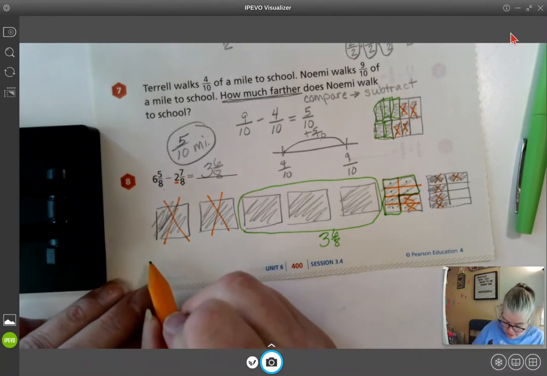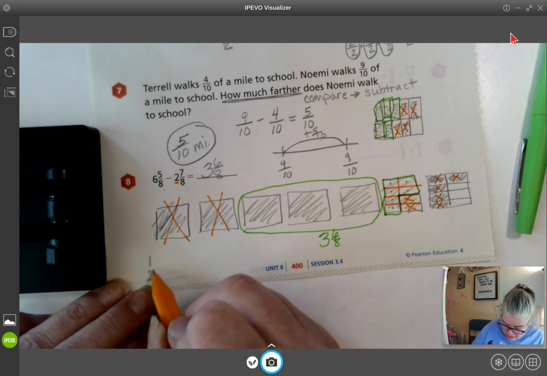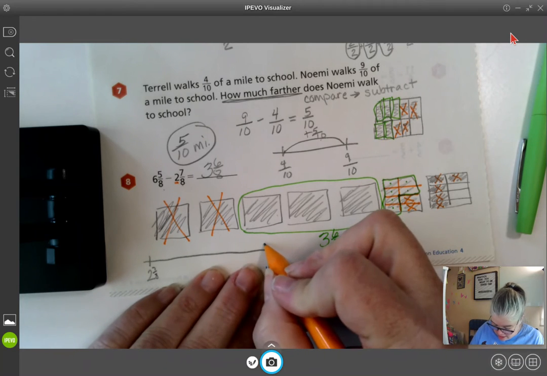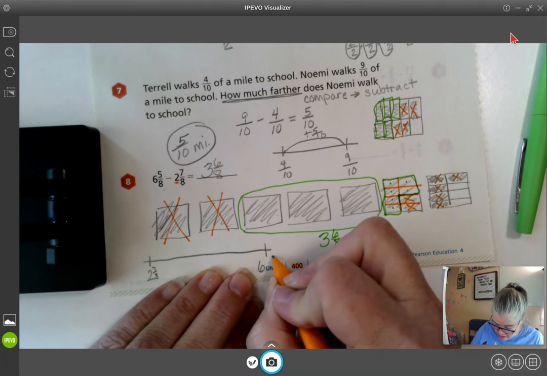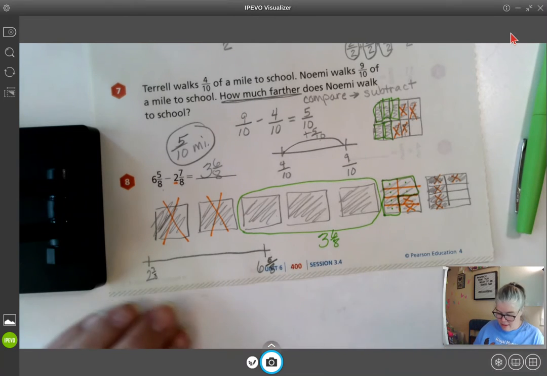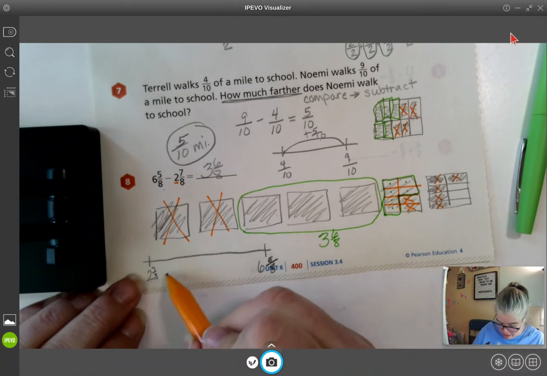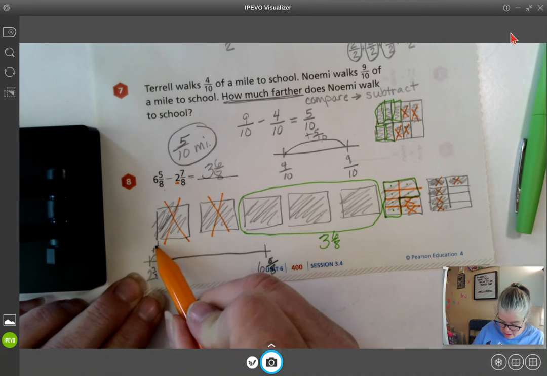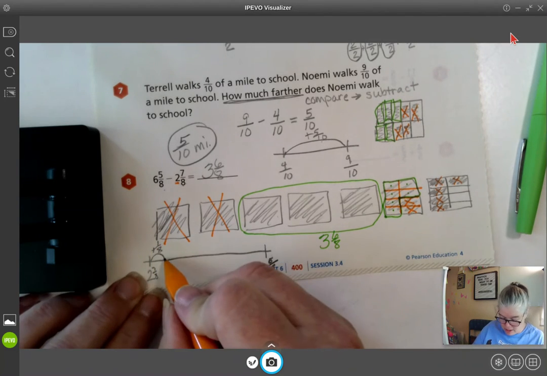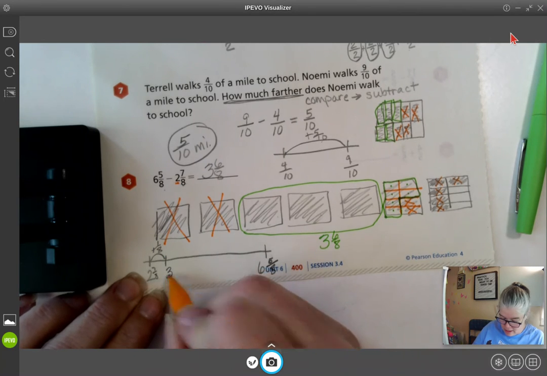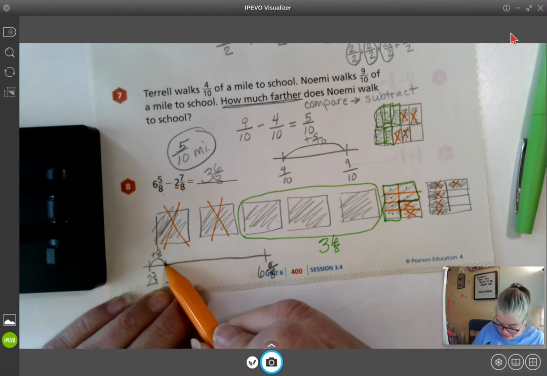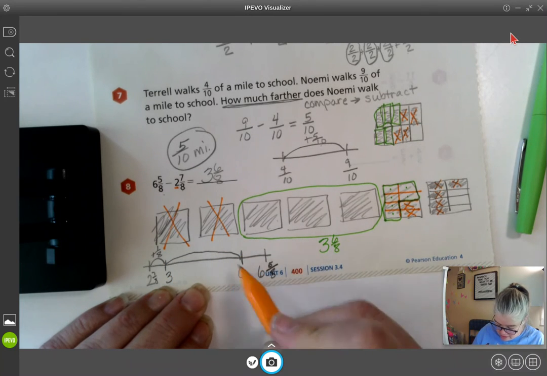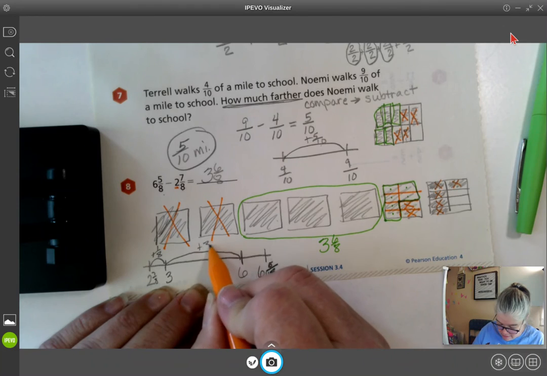If you like the open number line, I can make my open number line and start at 2 and 7/8. And I need to get up to 6 and 5/8. So I'm at 2 and 7/8, so I'm going to jump 1/8 to get up to the number 3. I need to get all the way up to 6, so I'm going to jump up to 6. So that's adding 3, right?